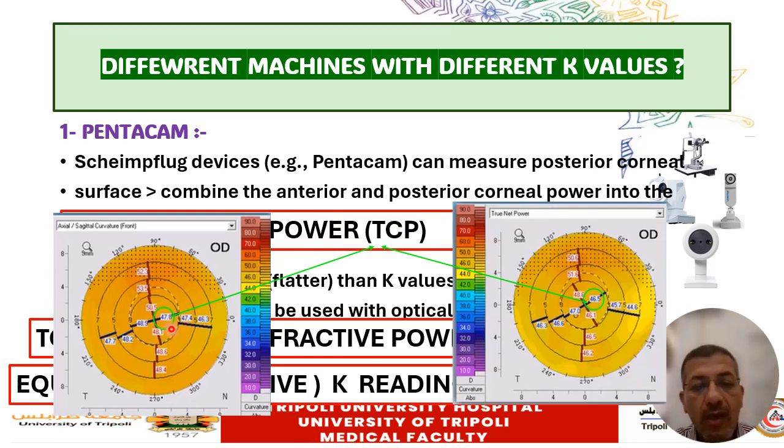So what I want to say is that the total corneal power map is less than the power map using the axial map. The Sim-K or the K reading of the anterior surface of the cornea is more powerful than the K reading using the TCRP. I hope this is clear now.